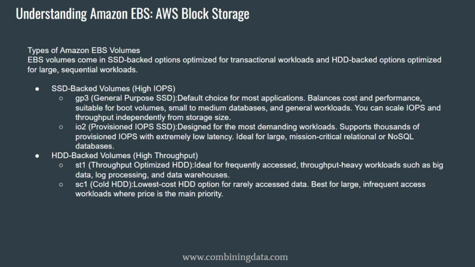Now let's talk about the types of Amazon EBS volumes, because this is a frequent exam topic. EBS volumes are divided into SSD-backed and HDD-backed options, depending on whether the workload prioritizes low latency or high throughput. For SSD-backed volumes, the most common option is GP3, or General Purpose SSD.